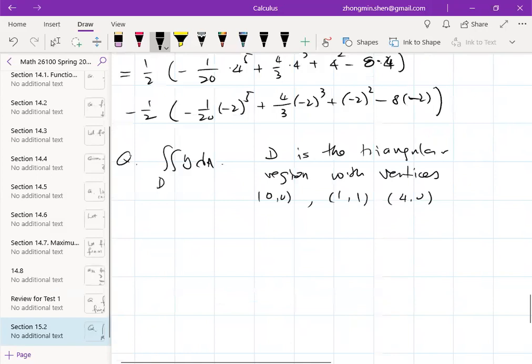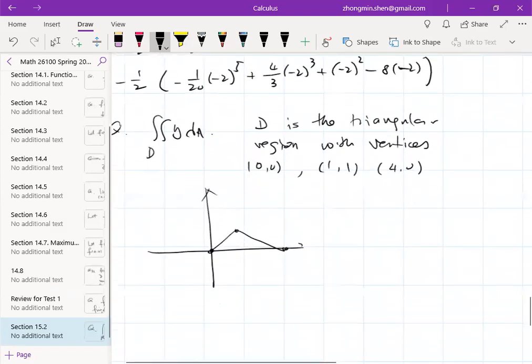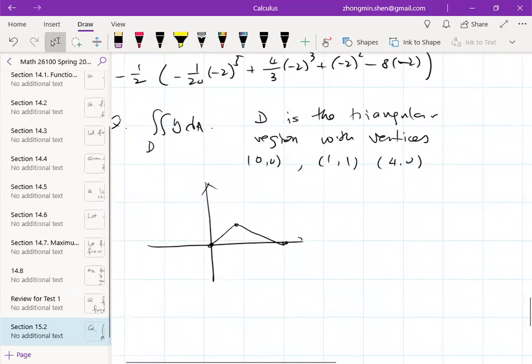Let's draw the picture here. This is one point, here's another point, and this is the third. Now, of course, this triangle.